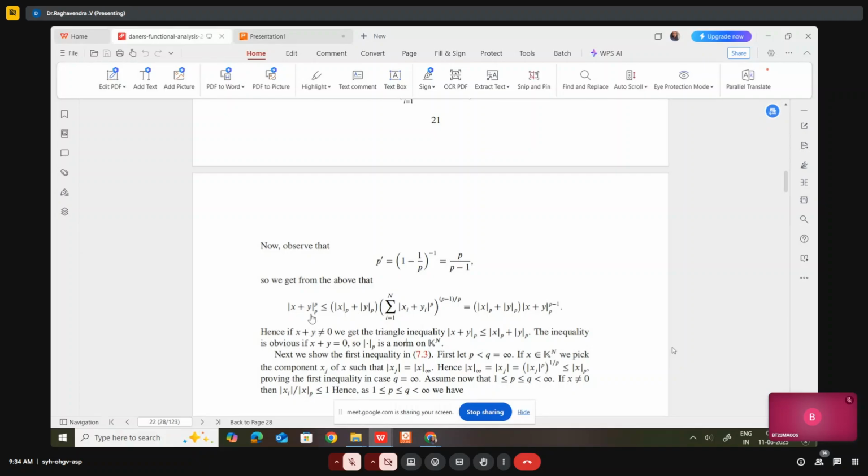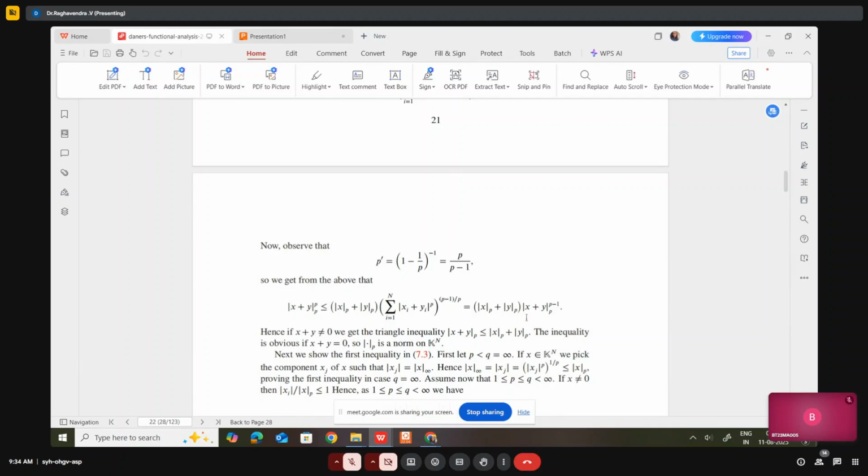By the way, if x plus y is not 0, then we get the triangular inequality. If x plus y is 0, then it's an obvious affair. If x plus y is 0, then you can take x equal to minus y, rewrite the inequality, and it becomes obvious. So why is all this circus done?